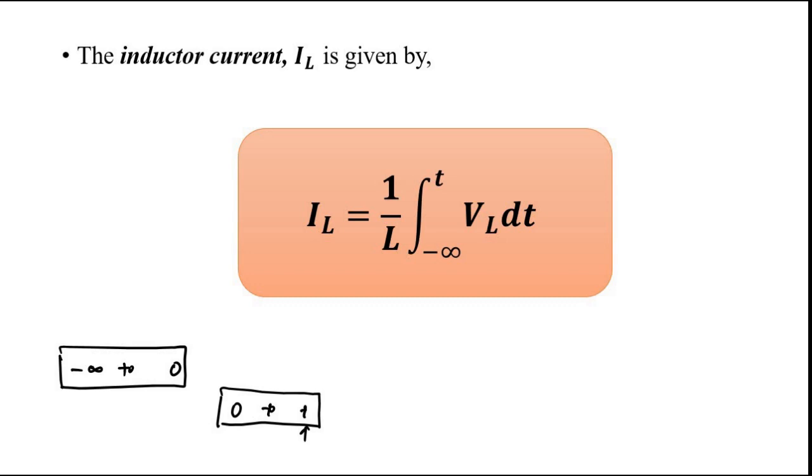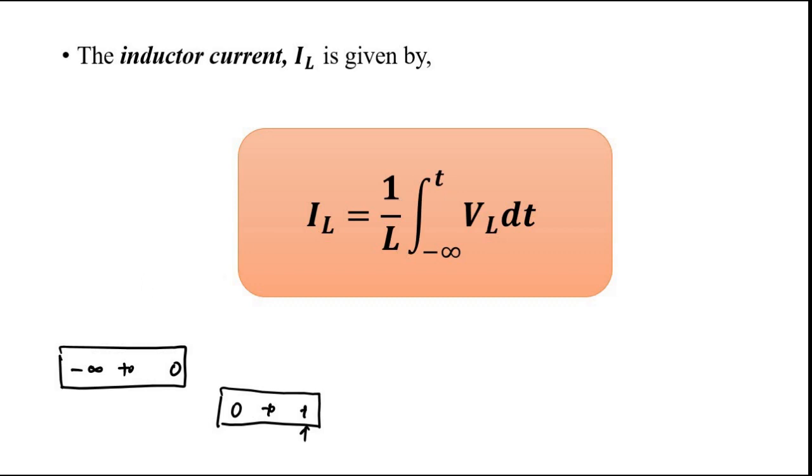They are not like resistors, where you switch it off and the current immediately goes to 0. In capacitors and inductors it is not like that, because they release the energy slowly. So this is the thing related to inductor voltage and current.